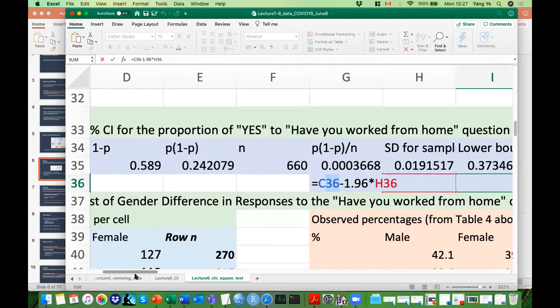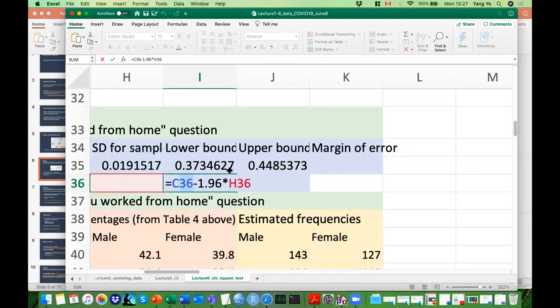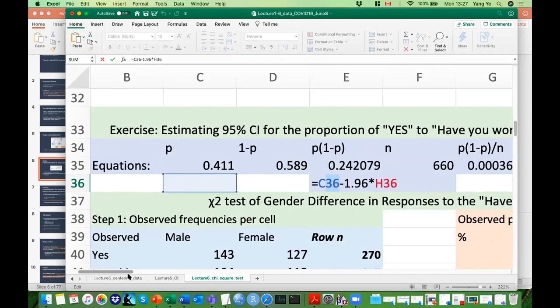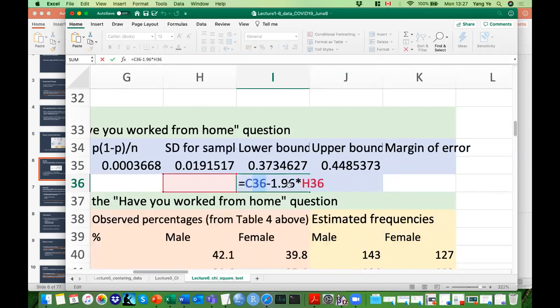If you drag it down by one row, it will update both values by row. You see, C and H haven't changed because you dragged one row below, but all these references have been automatically updated to one row below the original value. Okay, so in this case, because we don't have any value in H36 or C36, it gives us 0.